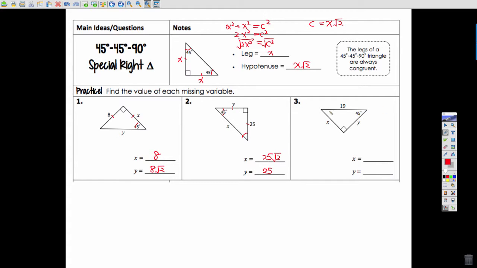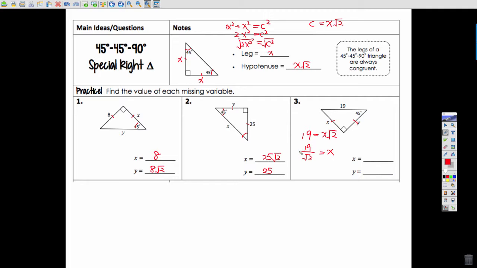Over here, isosceles right triangle. This side and this side are equal. However, I don't know them. I only know the hypotenuse. If the hypotenuse is 19, remember the hypotenuse is whatever my leg is, in this case x times root 2. I've got an equation there. So all I need to do is 19 divided by root 2 equals x.